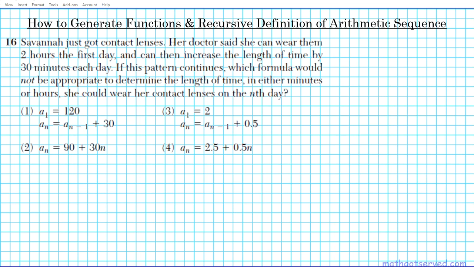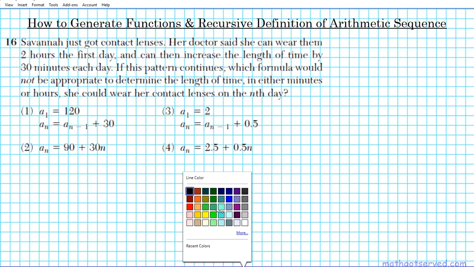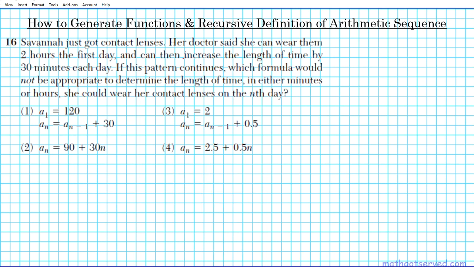Okay, so in this particular problem, we are looking at an arithmetic sequence. How do we know that it's an arithmetic sequence? If you look at the growth pattern, it says it increases by 30 minutes each day. So if you increase by an amount, that's an additive relationship.